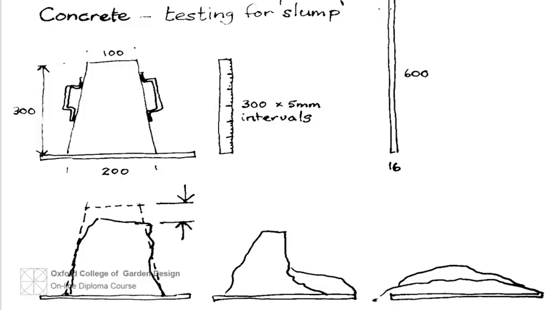Therefore, to ensure that the 25 millimeters minimum cover is achieved, the design thickness of the concrete has to be sufficient and the reinforcement has to be secured in place before the concrete is poured to prevent the steel being displaced during pouring.